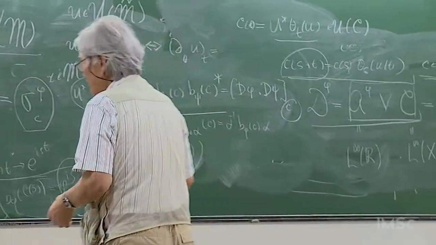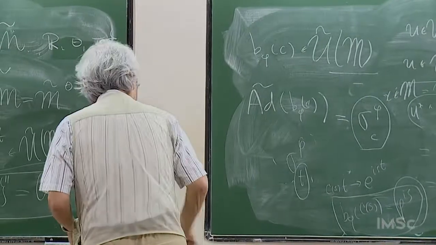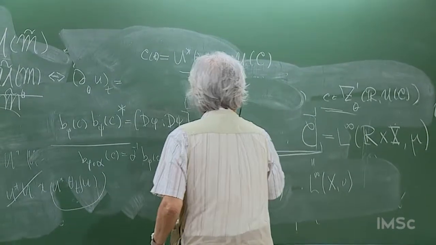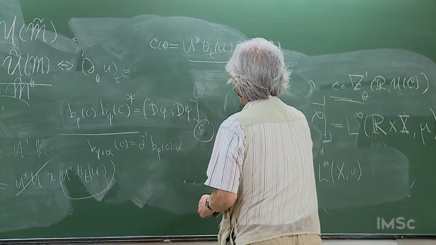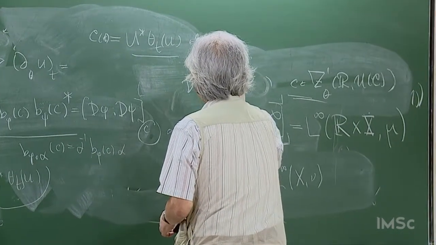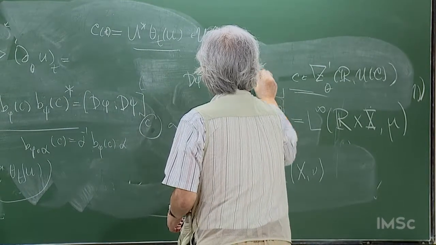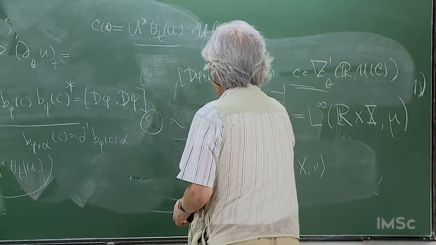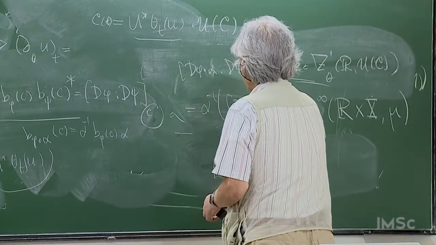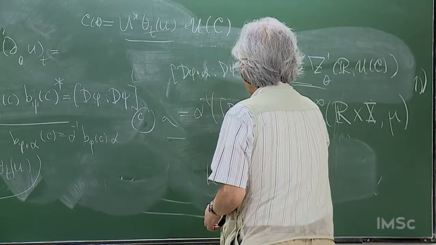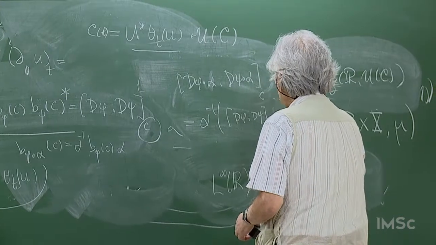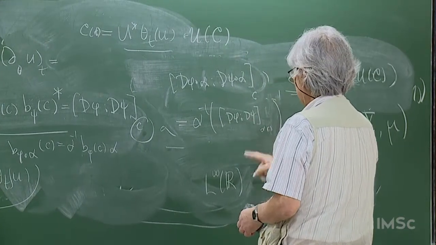If you apply alpha, then this is alpha inverse of the phi d psi of alpha inverse of C. Alpha of C, I think, here.